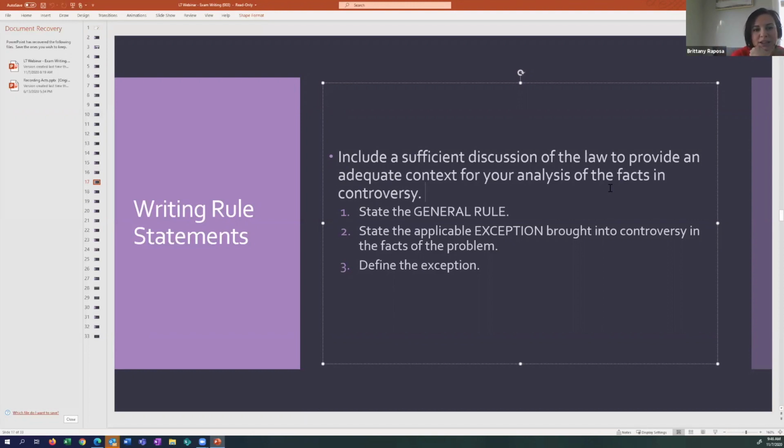So stating what the general rule is, for example, negligence is duty, breach, causation, and damages. And then you continue to get more specific by defining anything in the general rule. So maybe you define what a duty is. And then if there's any exception to that rule in that definition, then you would include it there. So it just keeps getting more specific as you go.